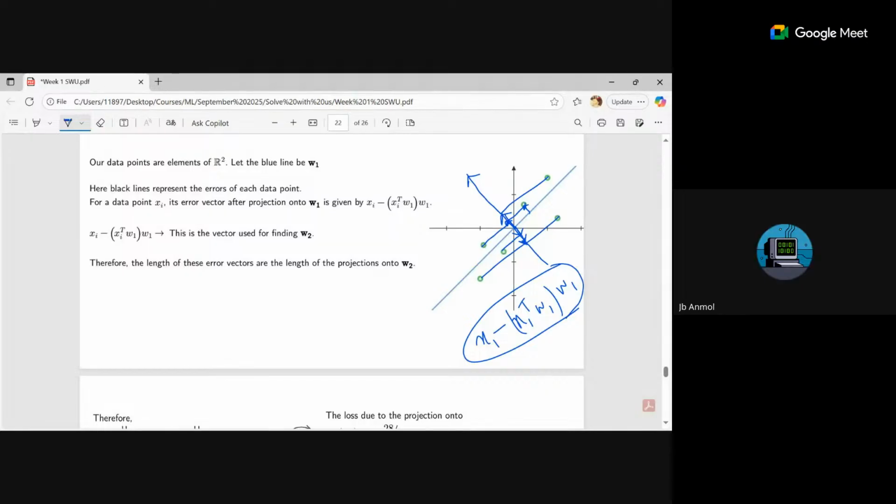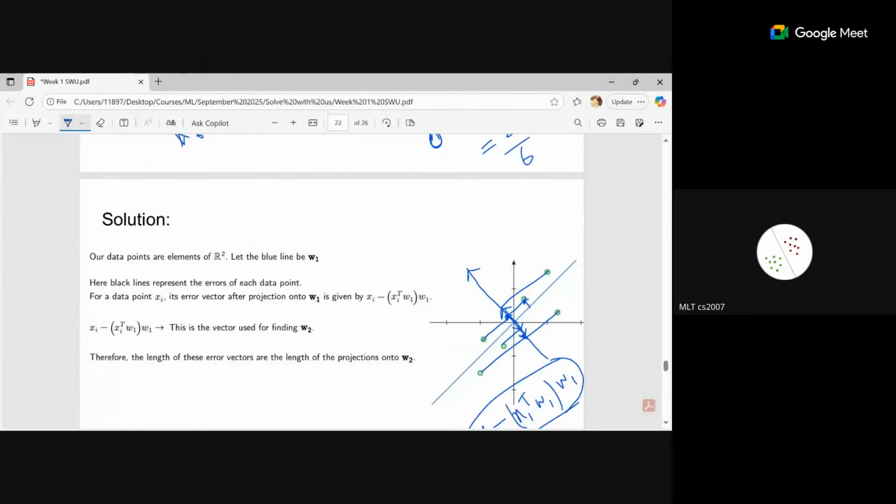Ma'am, generally can we say if two vectors or two lines are orthogonal, then for a reference point, the error vectors for both these lines should be equal? In reference to a given data set only.